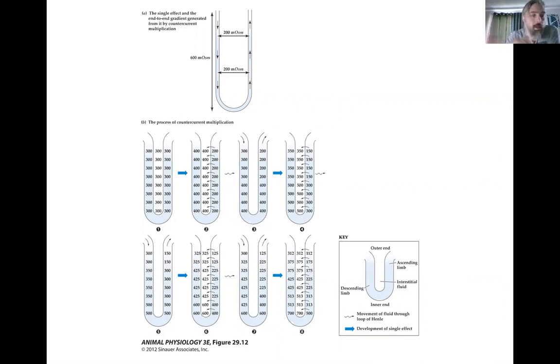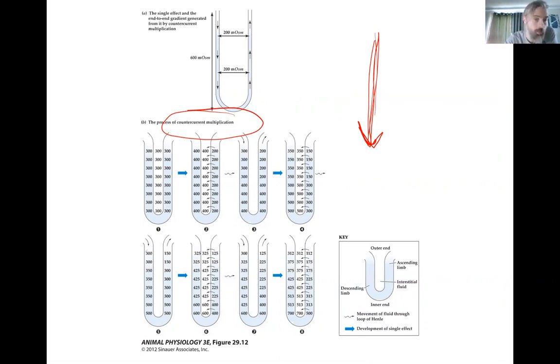The basic process we're going to refer to as countercurrent multiplication. The idea is that as we descend, the fluid inside the descending limb becomes more concentrated.